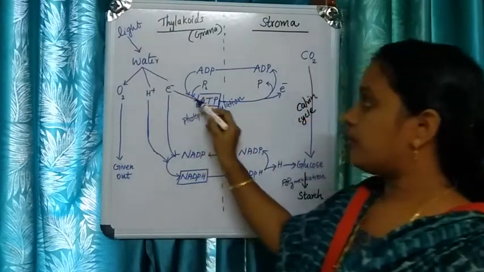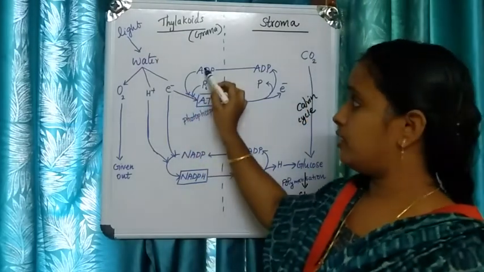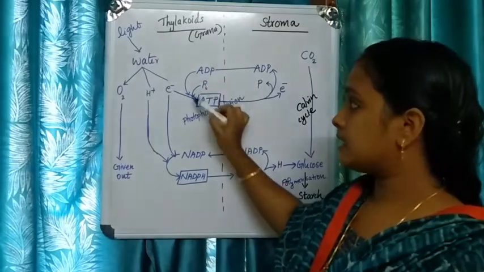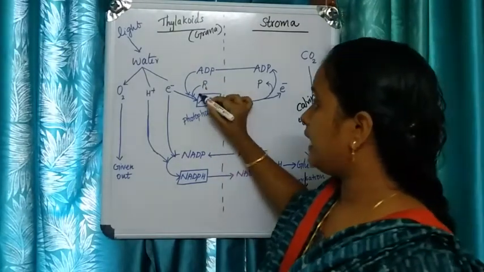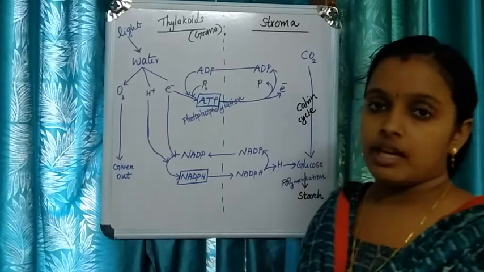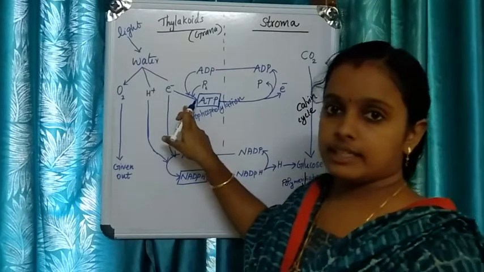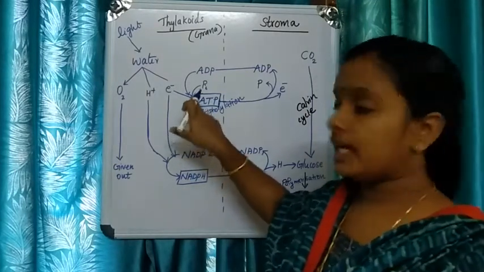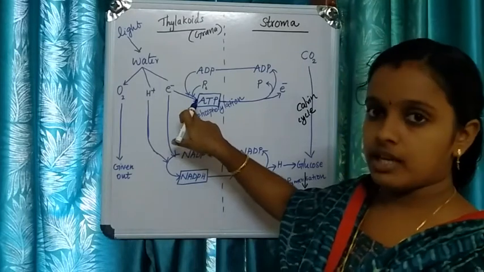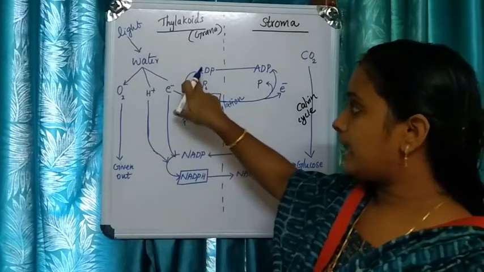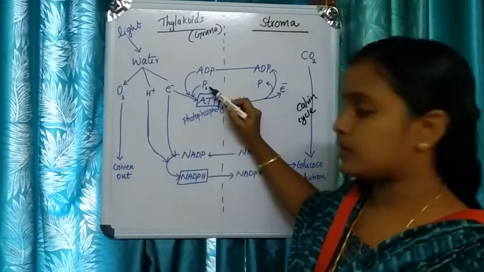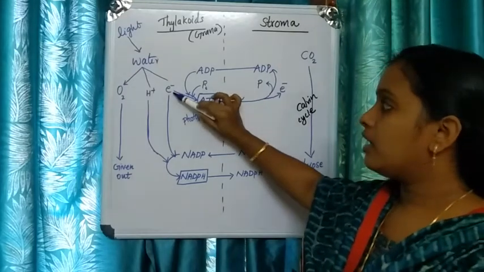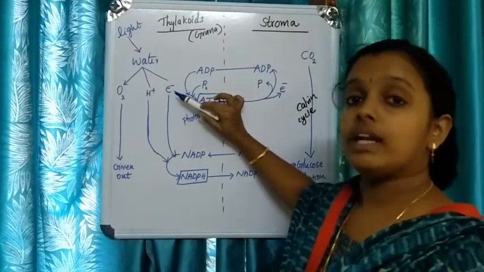This electron also joins with the ADP. As a result, the energy currency ATP will be produced. So the first energy currency is ATP. That ATP is produced by joining this ADP with an inorganic phosphate, one phosphate group, and also one electron.